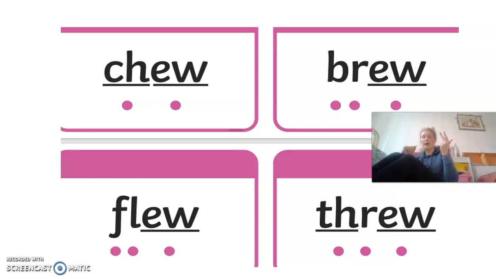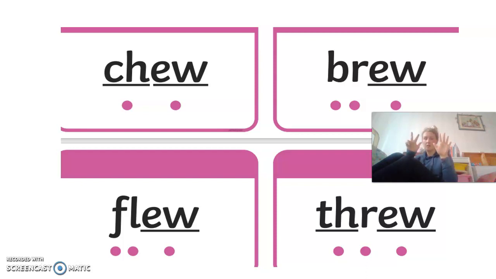They flew a kite because it was windy. 8 words. We've got the word they at the start of our sentence, and we've also got the word was in there. They flew a kite because it was windy.